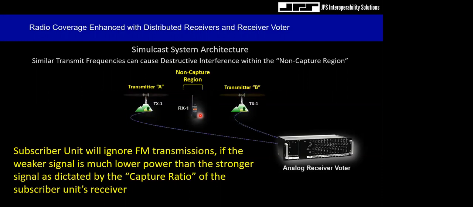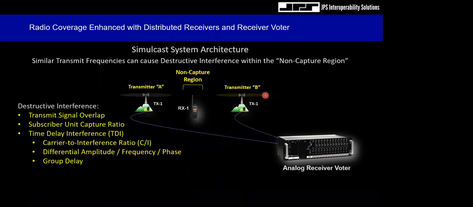It might be good, it might be bad. So the launching of the communications, the transmitted information, has to be simultaneous and in phase, such that we don't create interference. So I have audio that we're going to hear in a moment, but these are some of the terms you're going to hear when you talk about a simulcast system not functioning properly, particularly in the non-capture region.